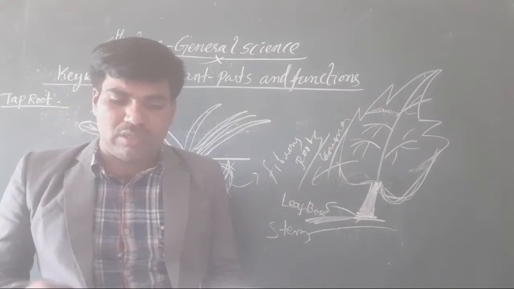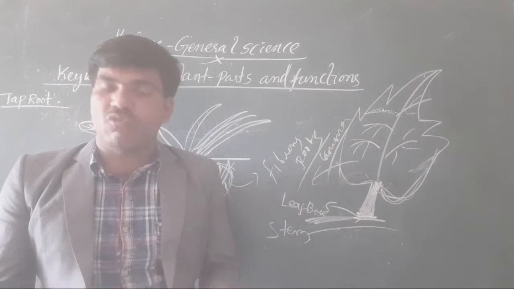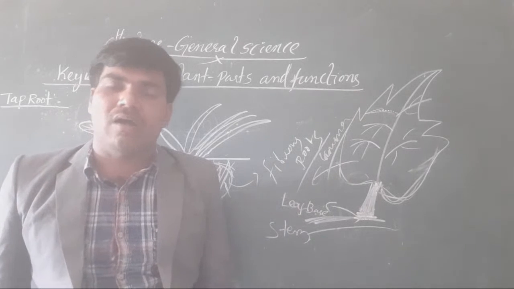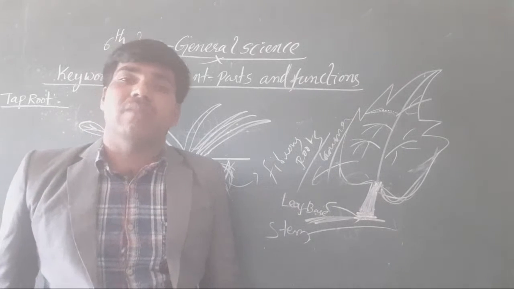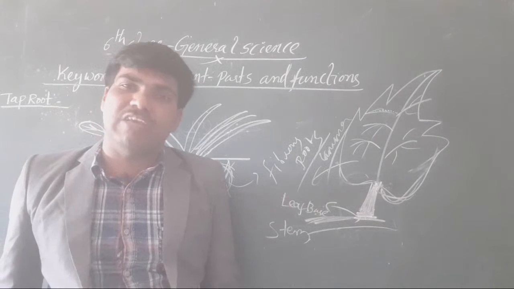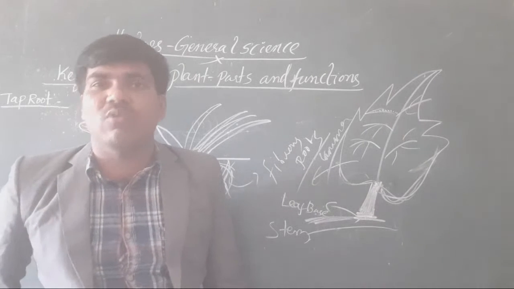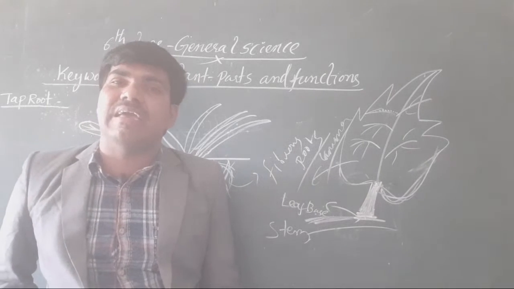Next, our next part is about the stomata. Stomata means the bean-shaped part contained between the flesh of the leaf, which is used for breathing the air.